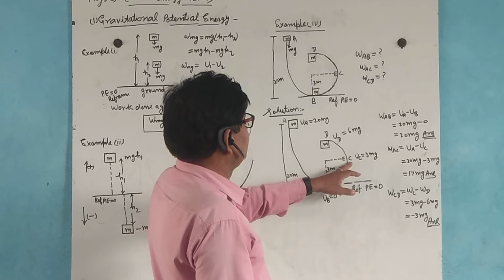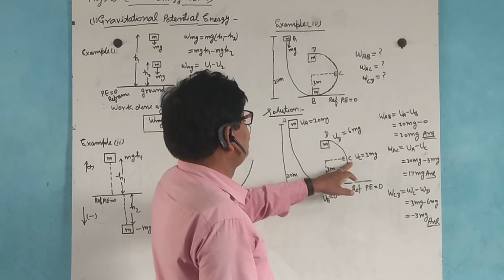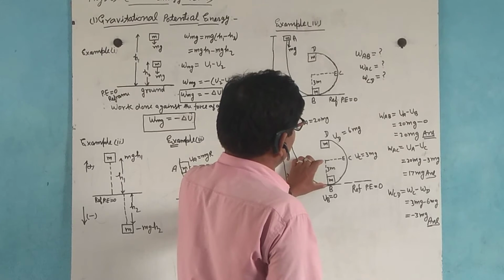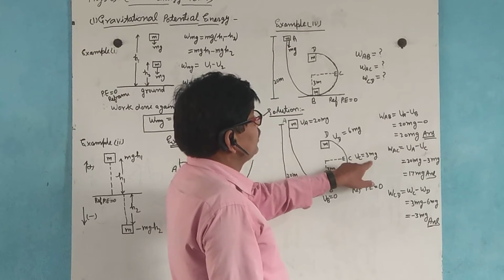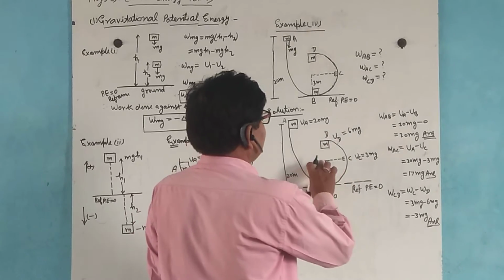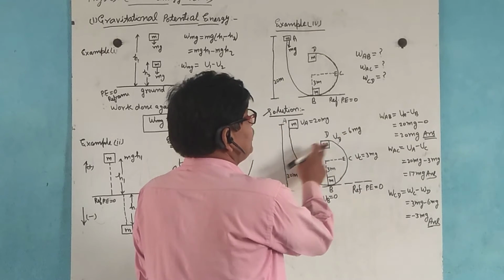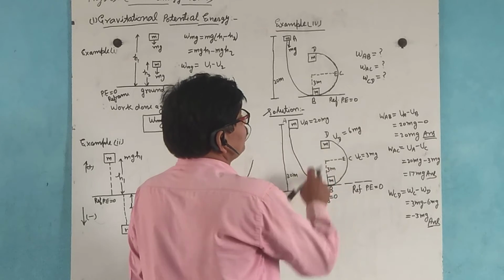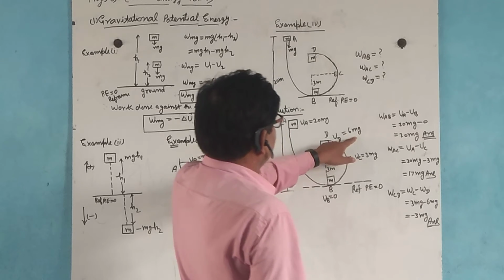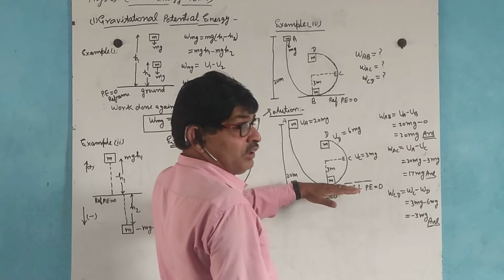Coming to C, the potential energy UC is equal to mgh with h equal to 3 meters, so UC equals 3mg. At position D, 3 meters plus 3 meters is 6 meters, so the potential energy at D is equal to 6mg. These are calculated by the ground reference.